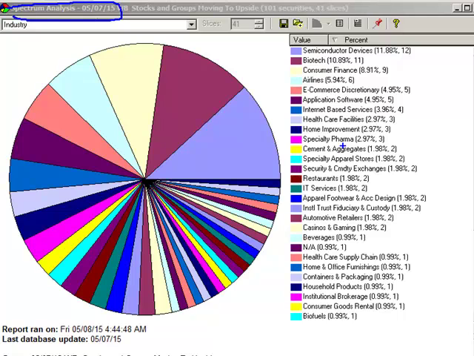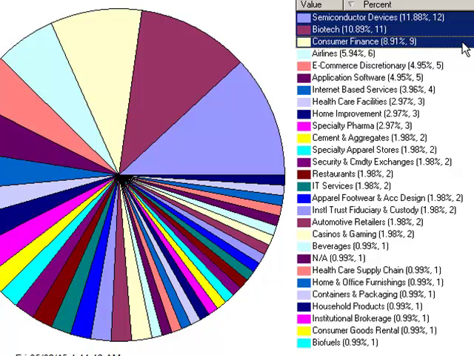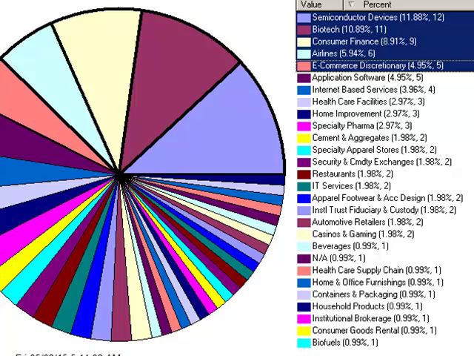By following the daily industry strength, we should be able to pick out industry group rotation. So where was the strength yesterday? The most powerful industry group yesterday was semiconductor devices, followed by biotech, consumer finance, airlines, and e-commerce discretionary.